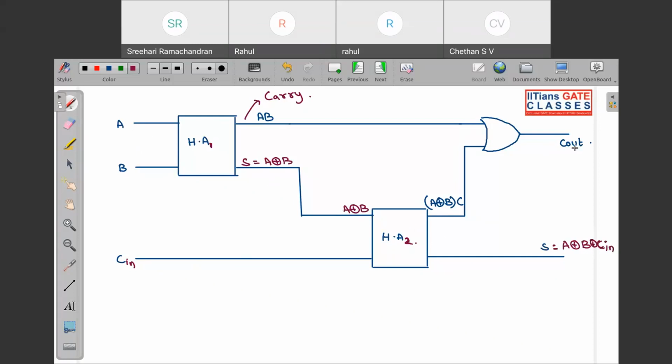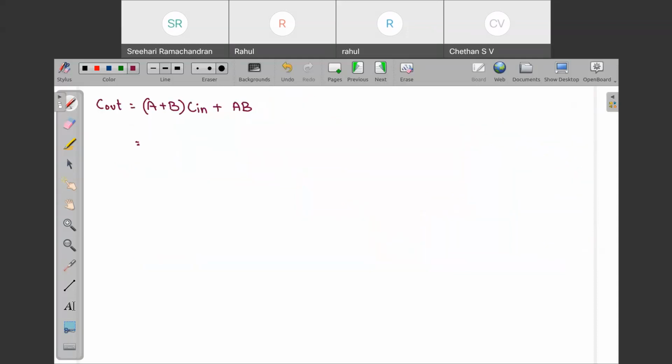Now look at Cout. What do we get for Cout? It will be AB, because this AB is coming from here, along with A XOR B Cin. So this is also very important, that Cout can be written as A XOR B Cin plus AB.